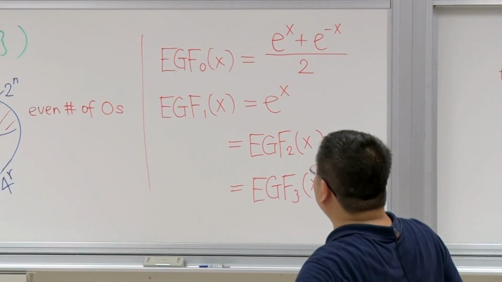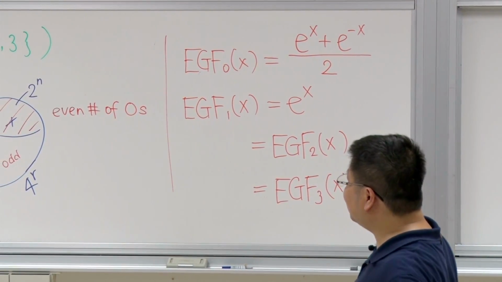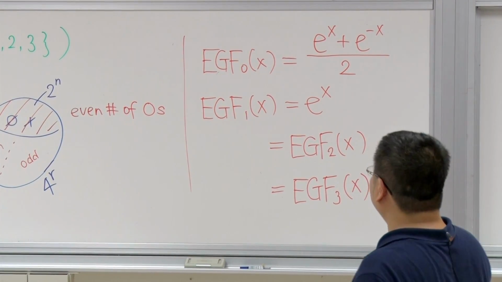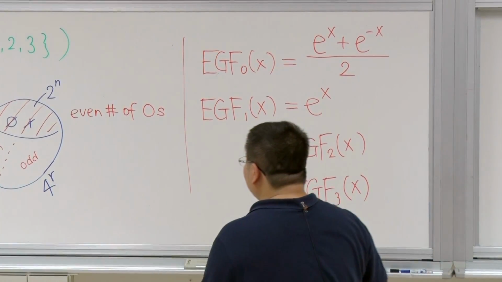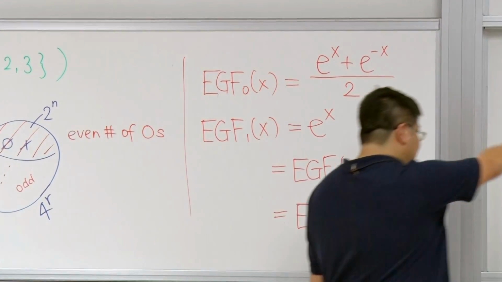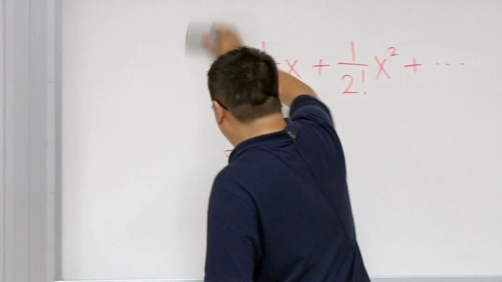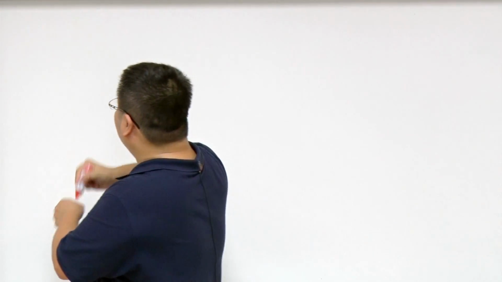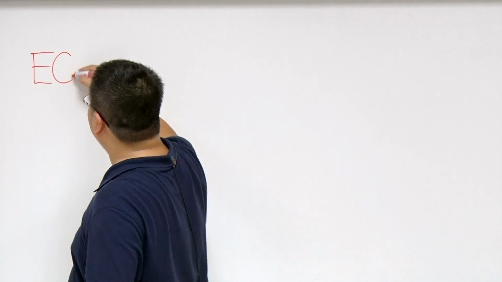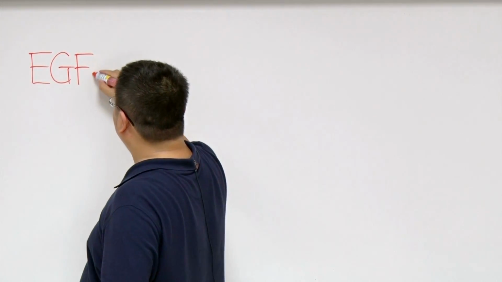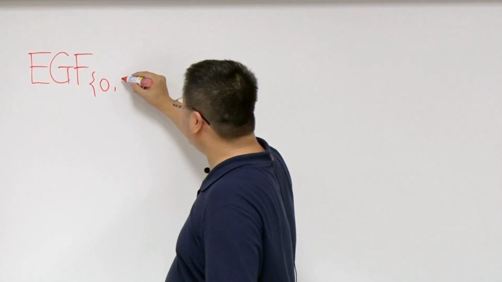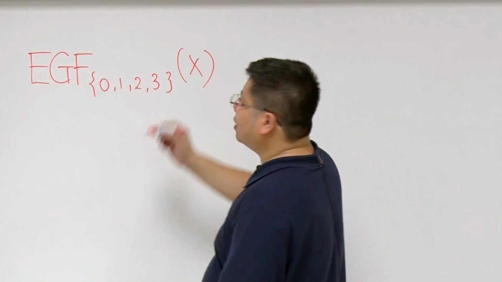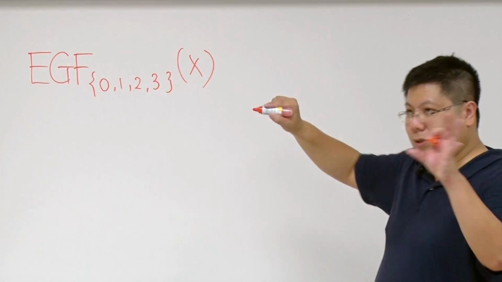Okay, but let's get back to the original problem and see if we can use EGF to get the same answer. So now we can have the EGF. This is the final thing that we have, that we can use 0, 1, 2, 3 to arrange.